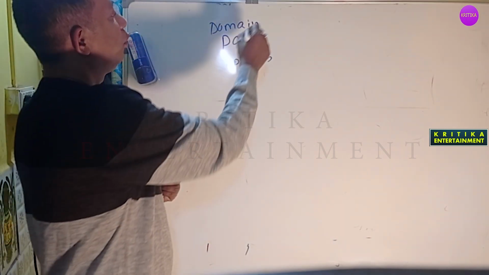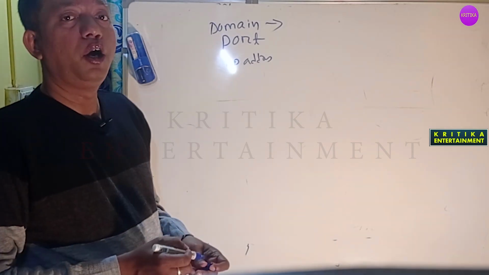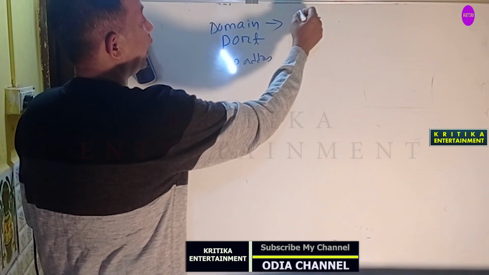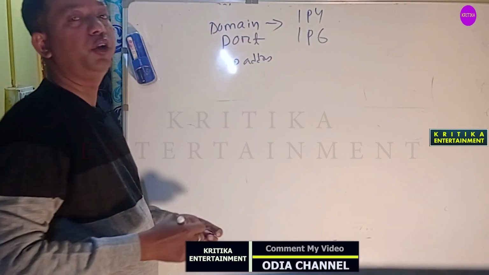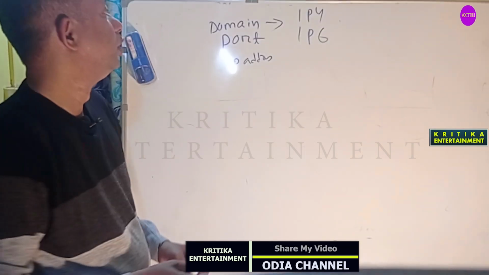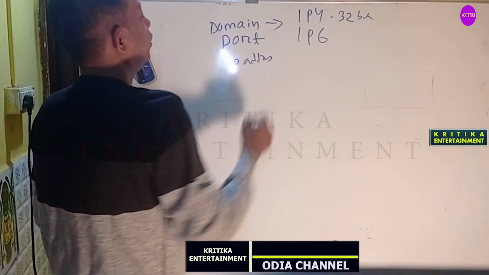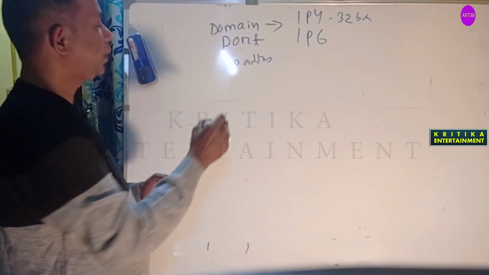First I will tell you about the domain. Domain means the internet domain, which is called the IP version. IP version means whether you are using IPv4 or IPv6. IPv4 has 32 bits. Next, port. Port means what?